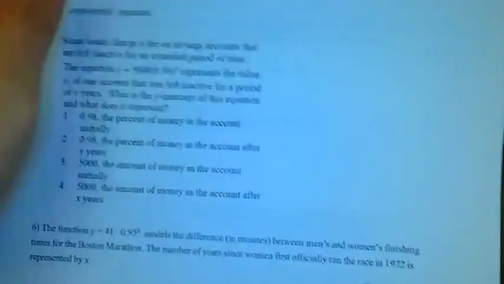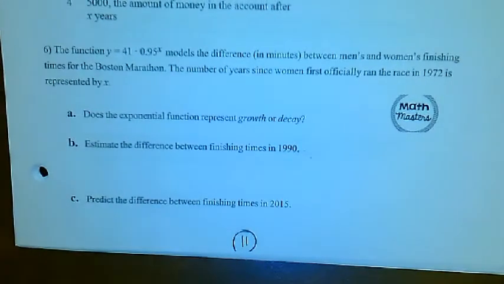And the last one: the function y equals 41 times 0.95 raised to the x power models the difference in minutes between men's and women's finishing times for the Boston Marathon. The number of years since women first officially ran the race in 1972 is represented by x.